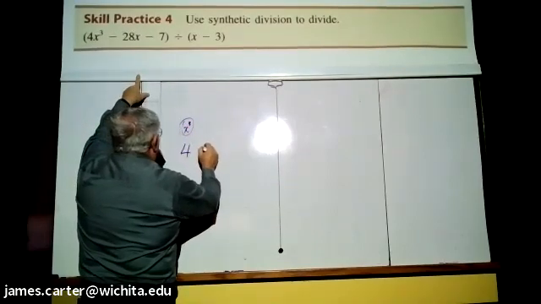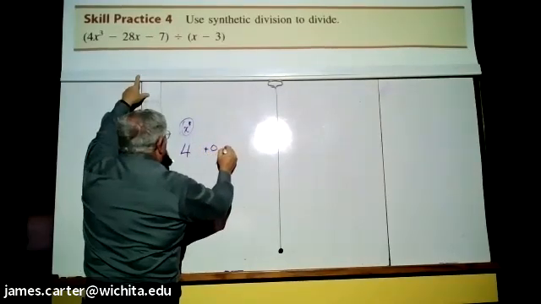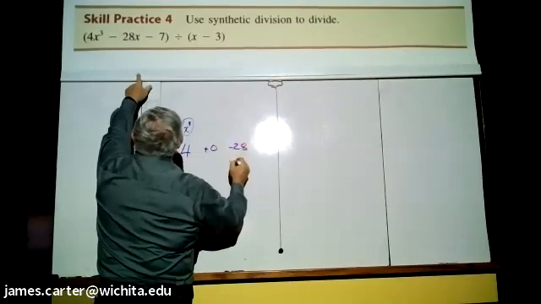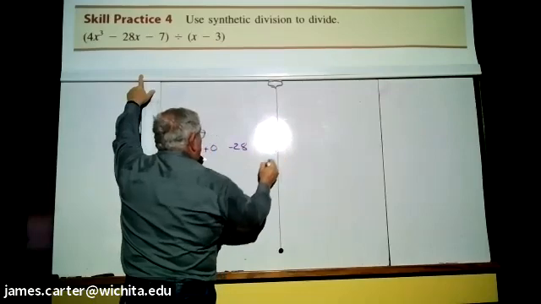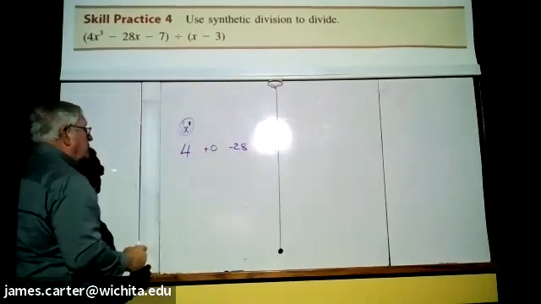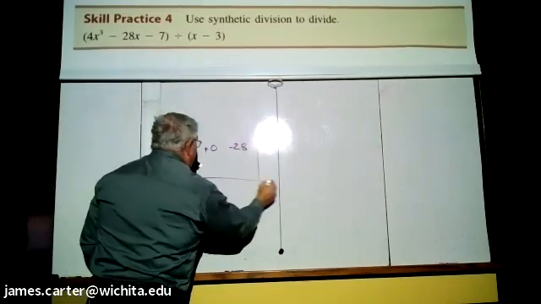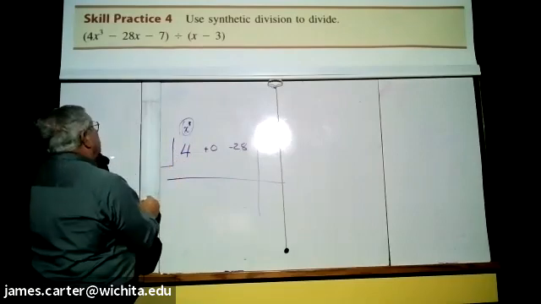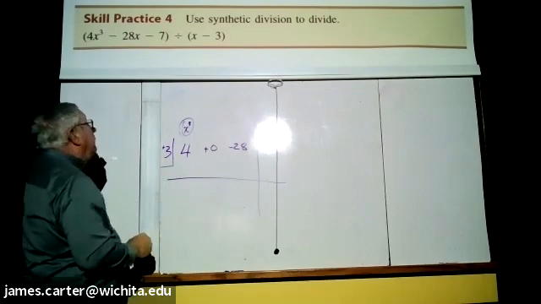And then I've got plus 0 for x squared. And then I've got minus 28 for x. And I've got minus 7 for the constant. Okay. I'm going to do my synthetic division by positive 3.